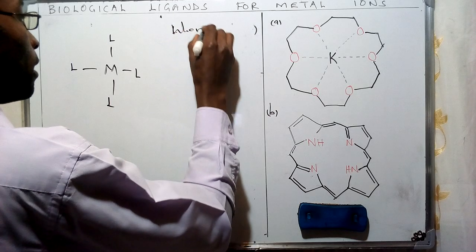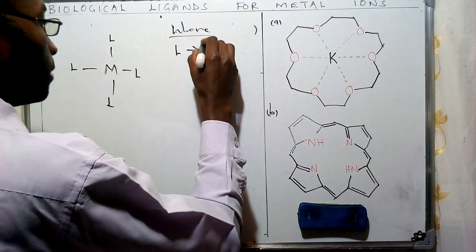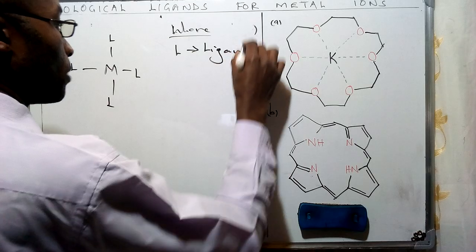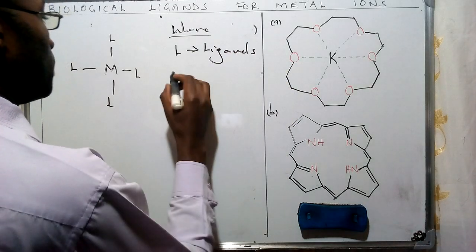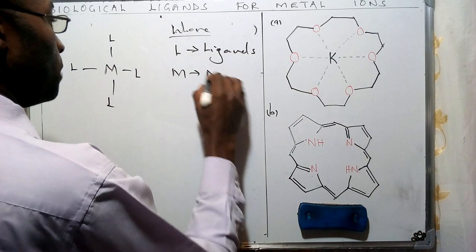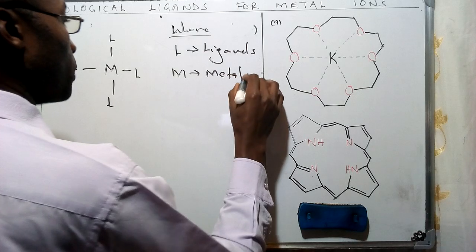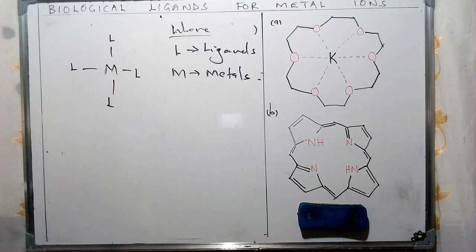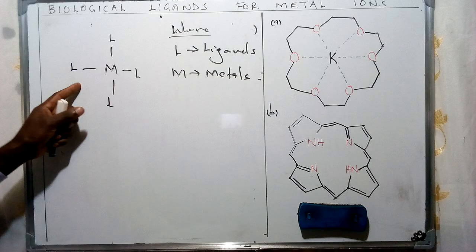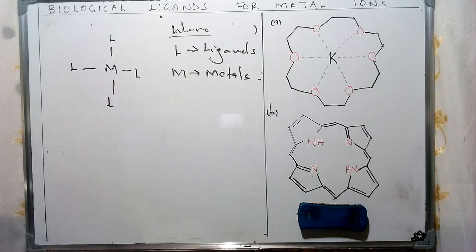So in this case we are going to have L representing the donors or the ligands or complexing agents, and then we're going to have metals being represented by M. So the metals basically are going to be forming what we refer to as centers, and these are going to be coordination centers, which are going to be given in terms of these specific metals being surrounded by electron donors that we have referred to as ligands.